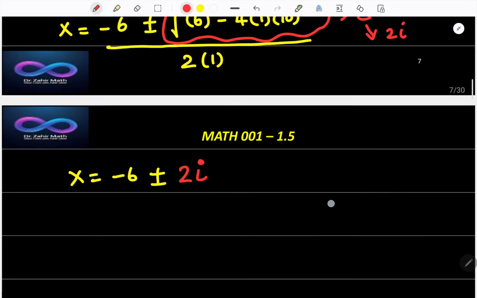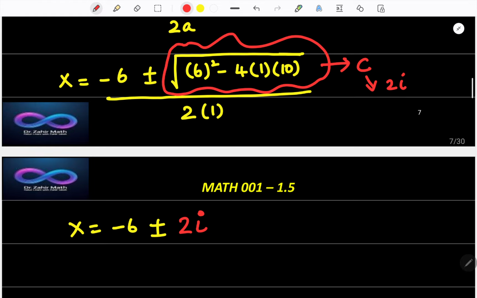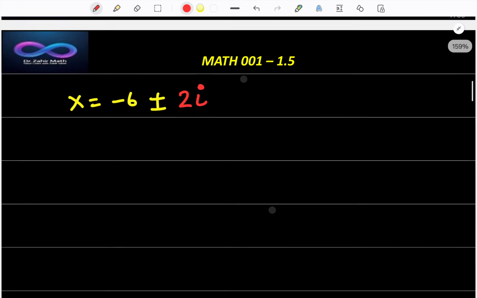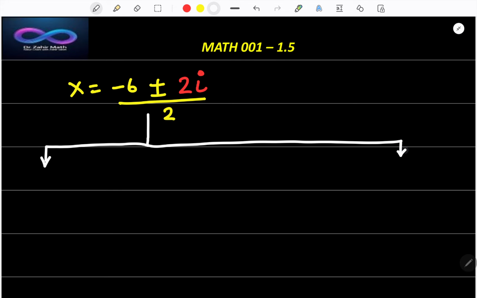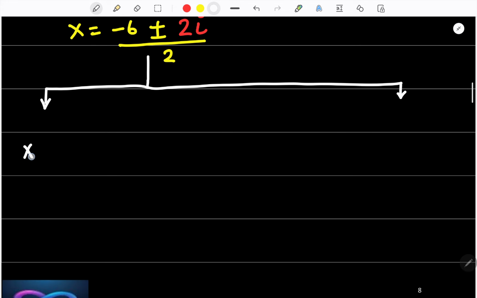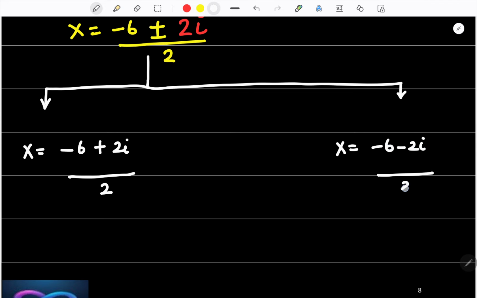Keep in your mind, if you want to get this, your mode should be in complex mode. So it is divided by 2. Now it has 2 answers, right? One answer with plus, another answer with minus. So x equals minus 6 plus 2i divided by 2, and x equals minus 6 minus 2i divided by 2.